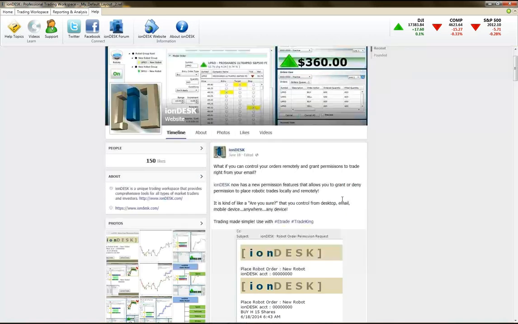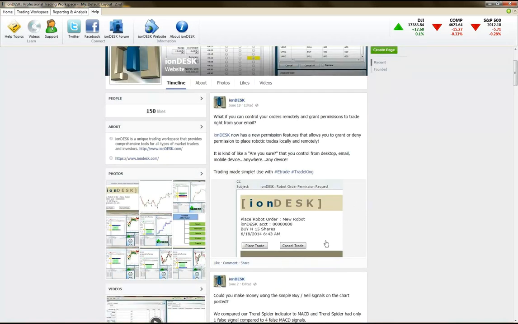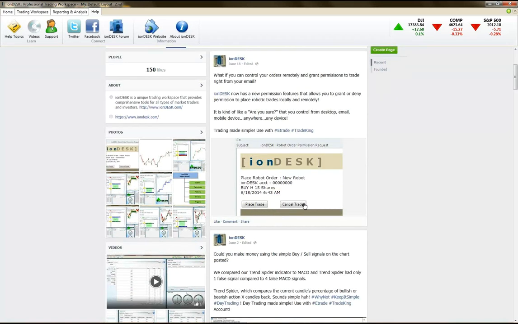Okay, there it is. So here's an example of what you would get in your email. This was added, I guess, June 18th, and basically you would get an email that says, I just got an order that's ready to go inside of the robot, and so you'll get this on your phone, and then you can say place trade or cancel. And so we basically send a message back to your computer.